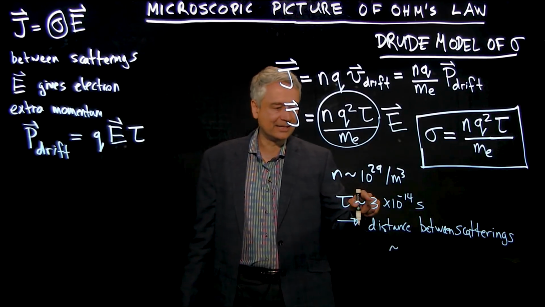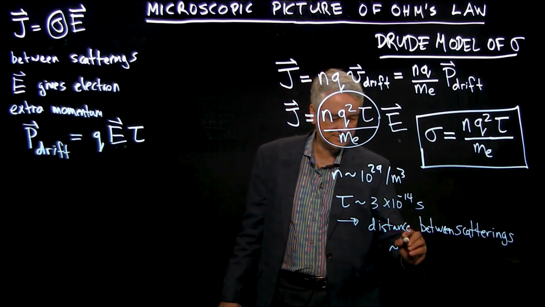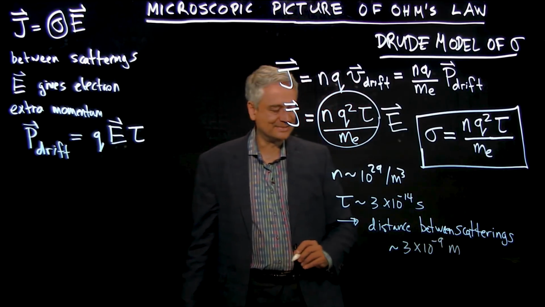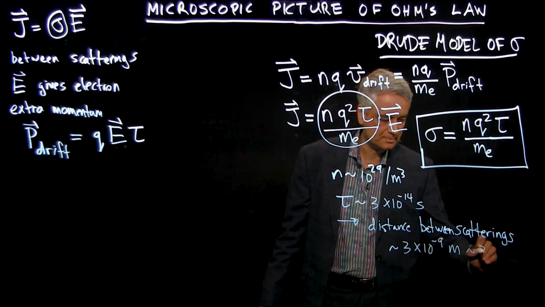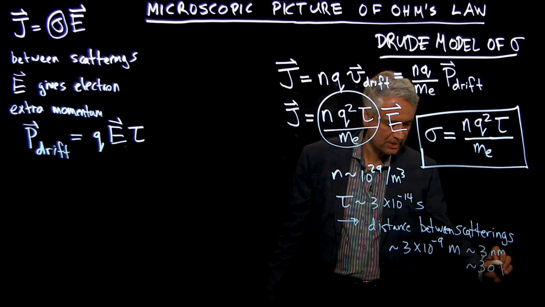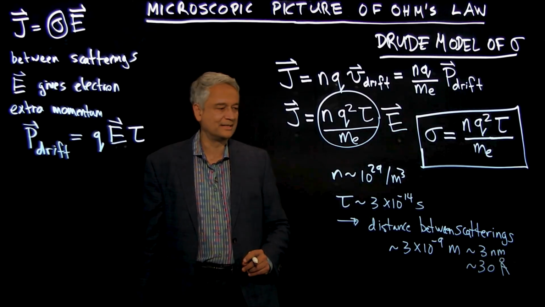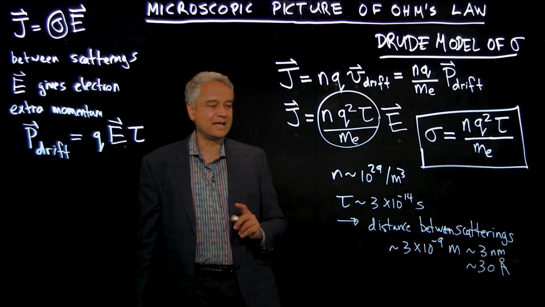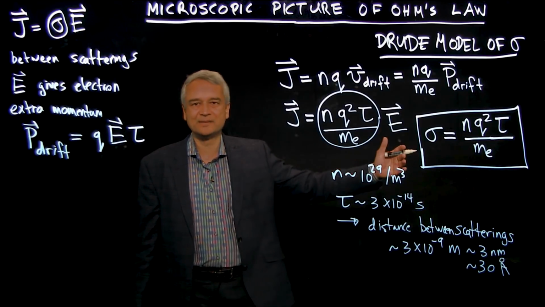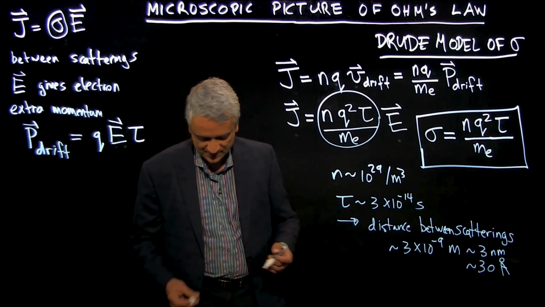So 100,000 meters per second times 3 times 10 to the minus 14 gives me about 3 times 10 to the minus 9 meters. That is about 3 nanometers, or about 30 angstroms. And the size of a copper atom is about 1 angstrom, 1/10 of a nanometer. So what this says is that the average distance between one scattering and the next is about 30 times the size of a copper atom. And that's, in fact, quite reasonable.